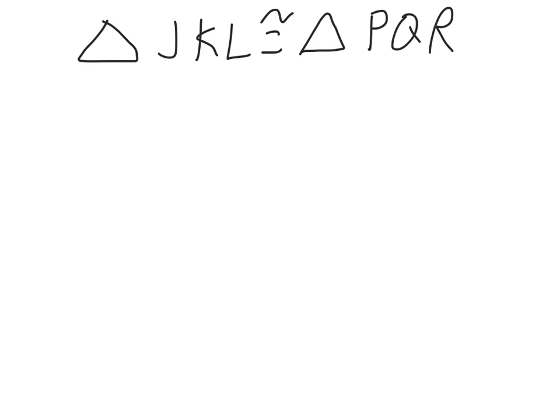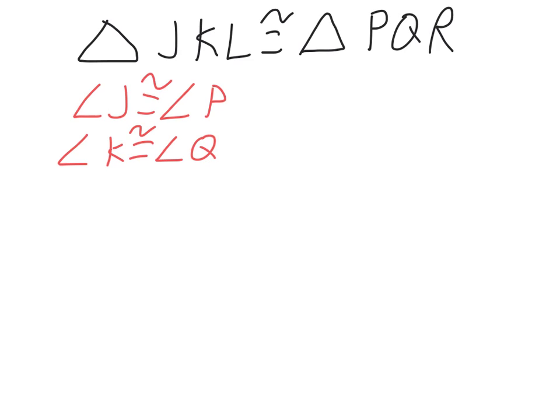So angle J is congruent to angle P. And then we can do the same for the others. Middle spot, K and Q. So angle K is congruent to angle Q. And the last one, angle L is congruent to angle R.